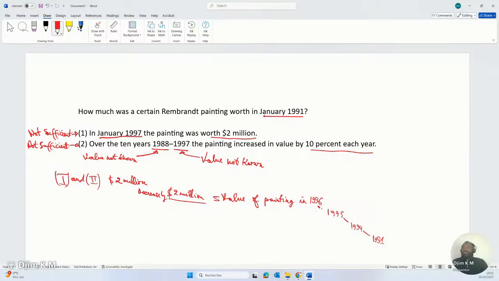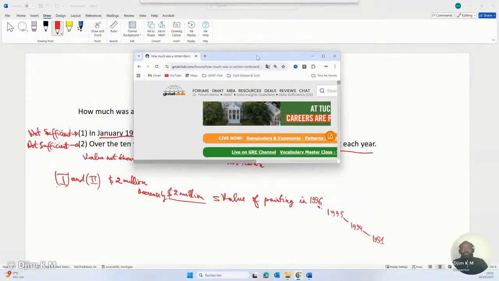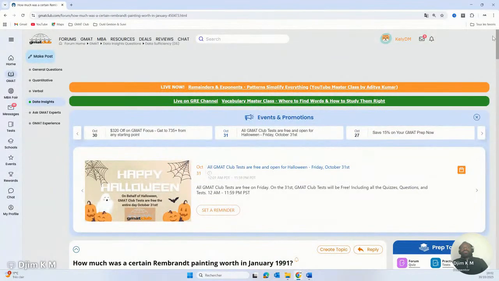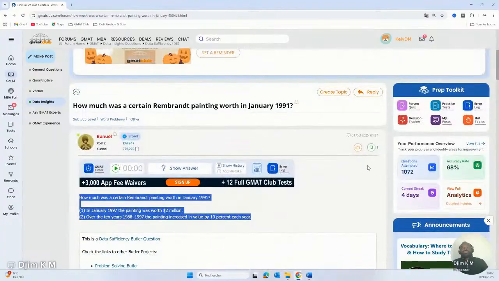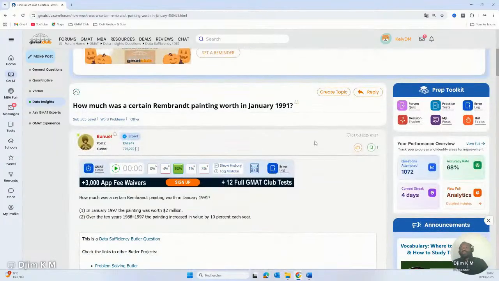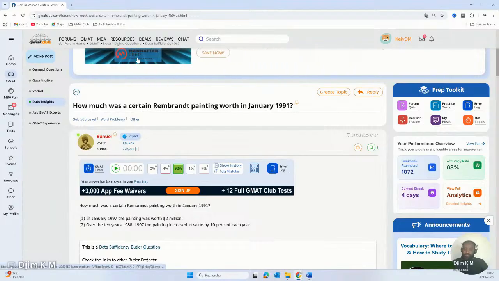So here we definitely know that the combination of both conditions is sufficient in determining the worth of the painting in January 1991. So the answer is answer C. Let me check. Answer C is the answer.